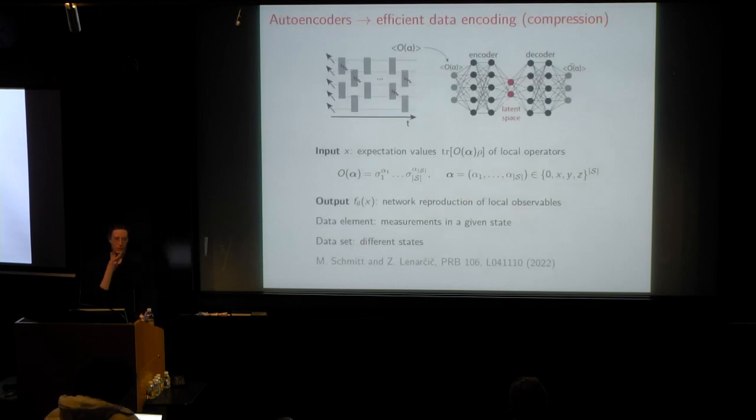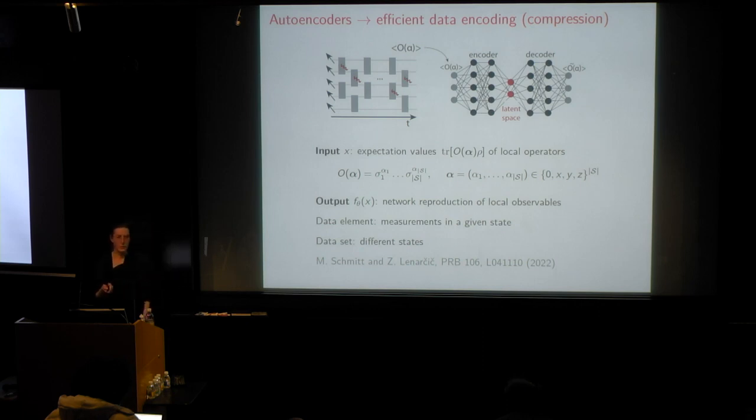With Markus Schmidt, who is also in the audience, we more generically thought of how to use a neural network to capture what we call the local complexity of states: the complexity that we can detect by local measurements.